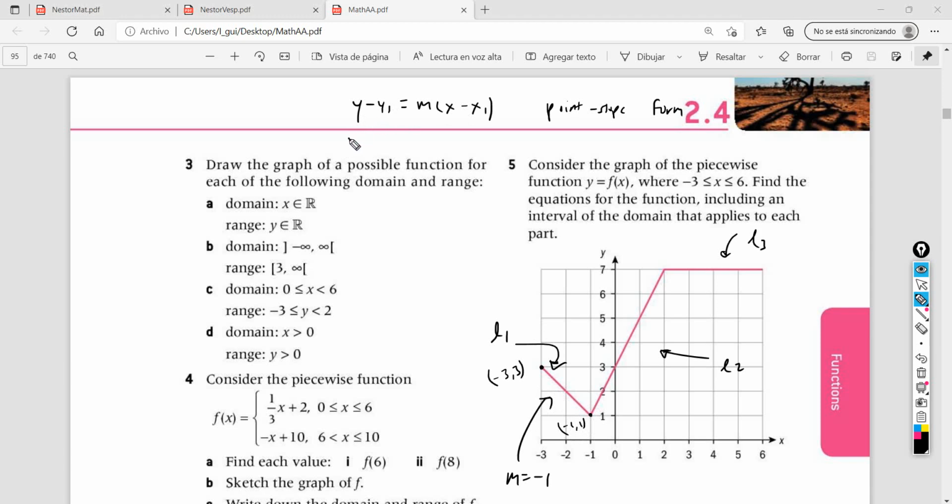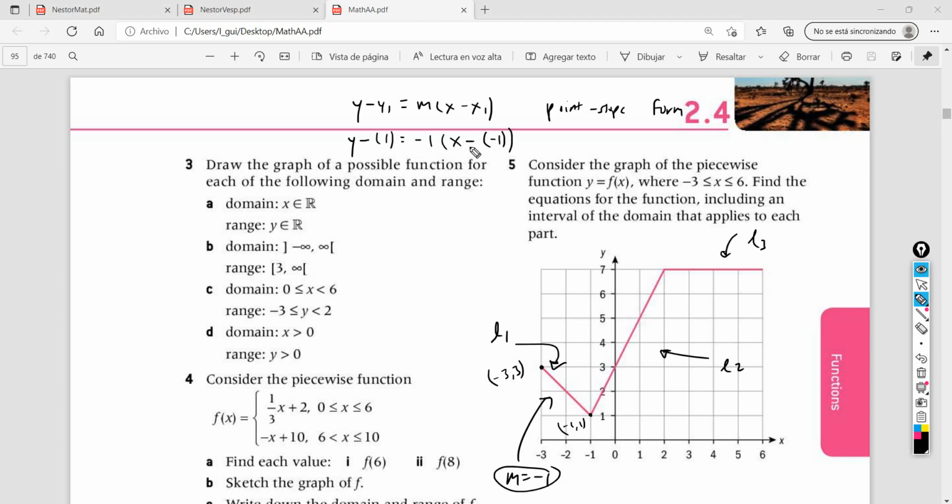So it's gonna look like this: y minus y1, which is this number, equals the slope, which I said was gonna be -1. Get it on your own though, times x minus x1, which is this coordinate of this particular point.